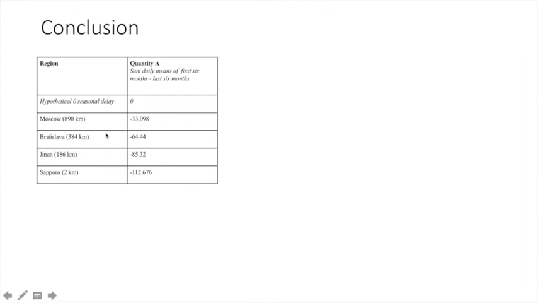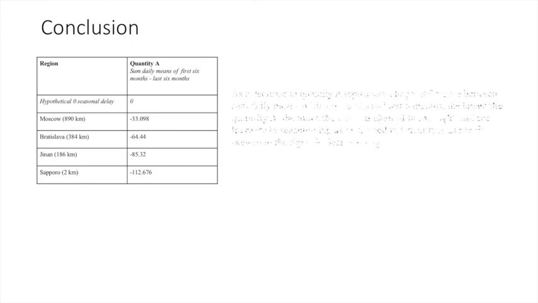So we can conclude that the greater the proximity of a location to a body of water, the larger the difference in areas B and A, which indicates a temperature curve skewed more to the right, and therefore a larger seasonal lag. Therefore, we can conclude that the greater the proximity of a location to a larger body of water, the greater the seasonal lag. And this serves as our conclusion.